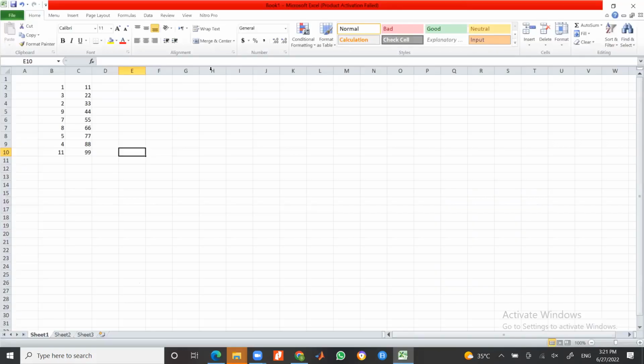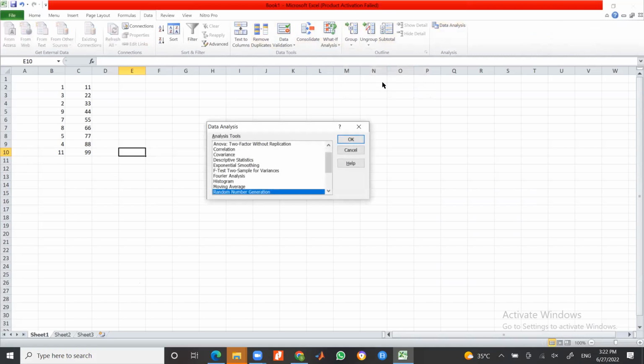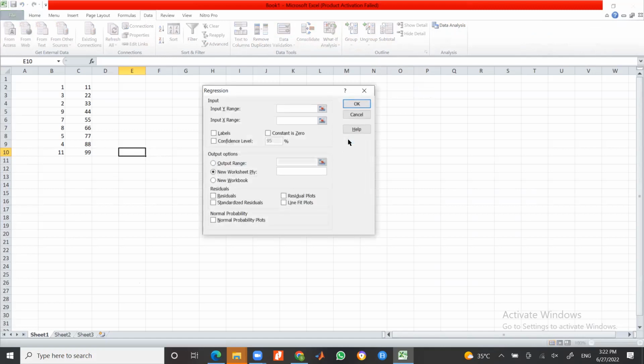We first click on data. In data, we have data analysis. We choose data analysis. Then, in data analysis, we scroll down to get regression. Then we click on it, and then okay.